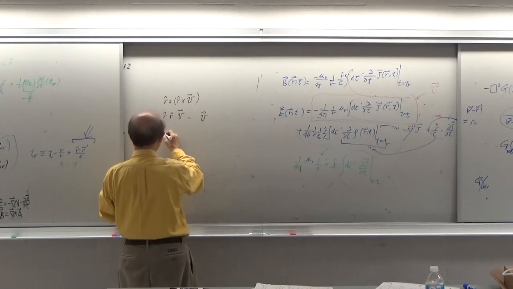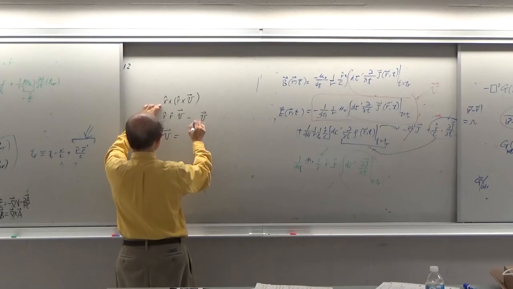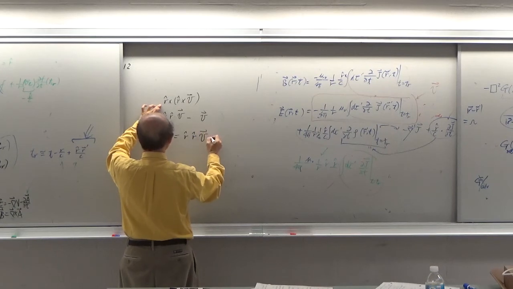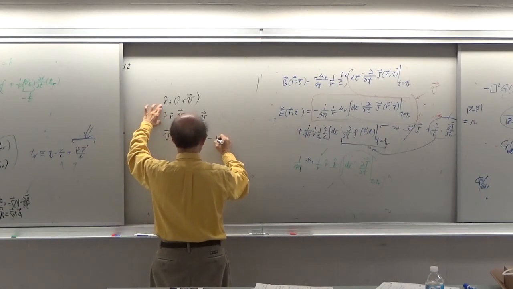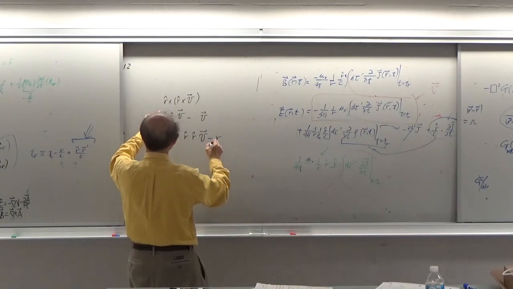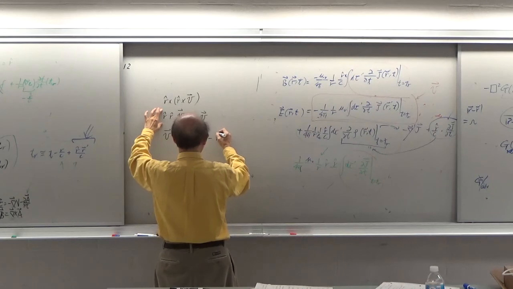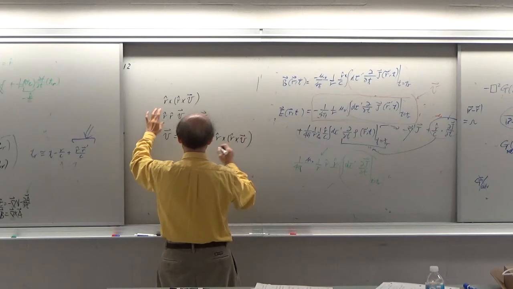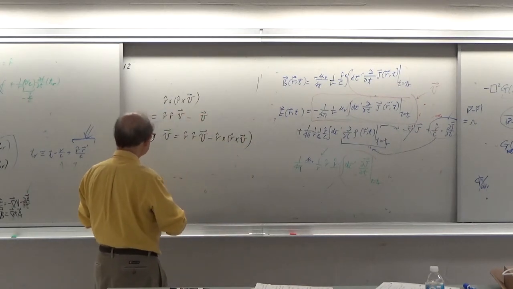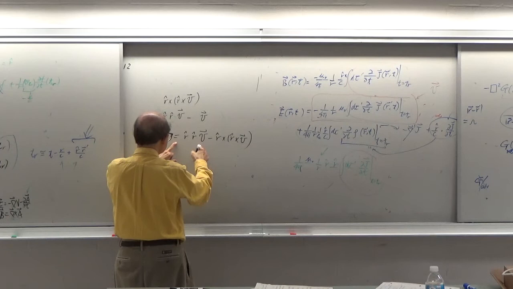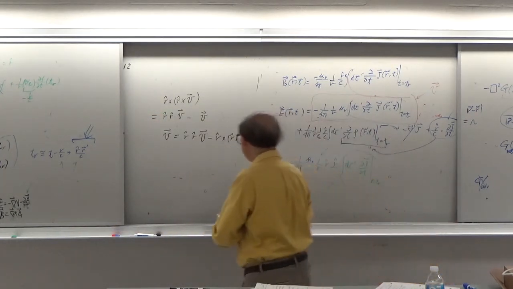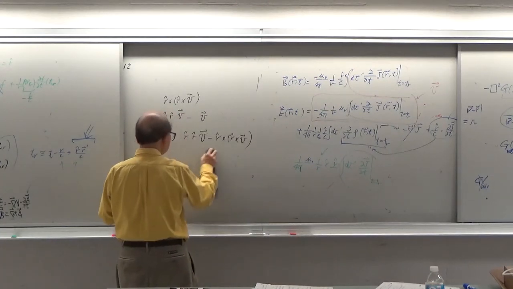So that I can write v, going to the other side, as r hat times r hat dot v minus r hat cross r hat cross v. So the v minus this is that.